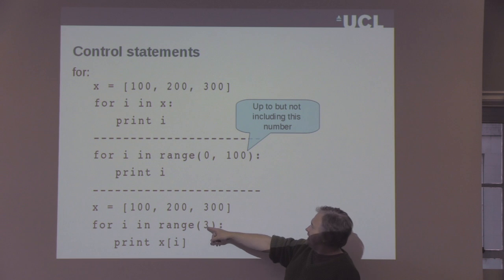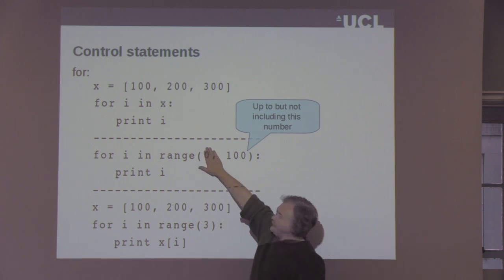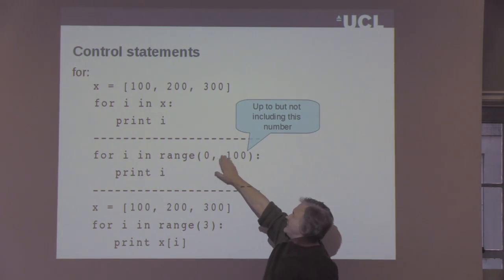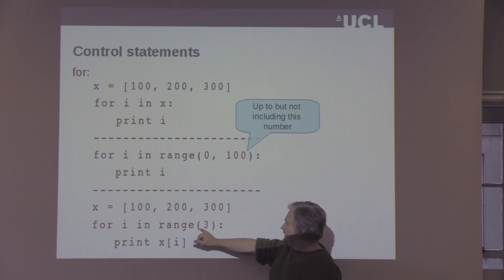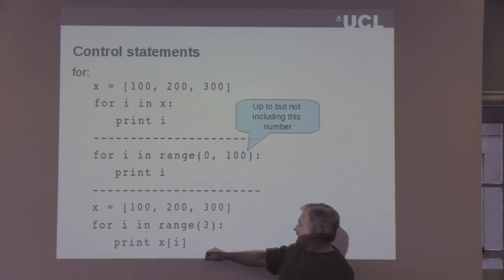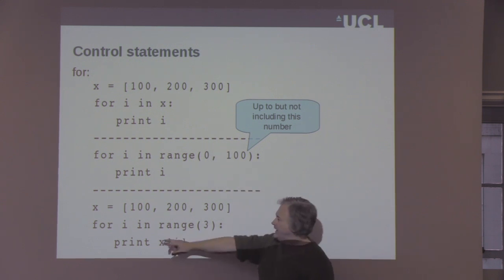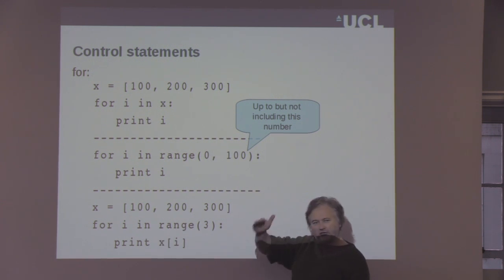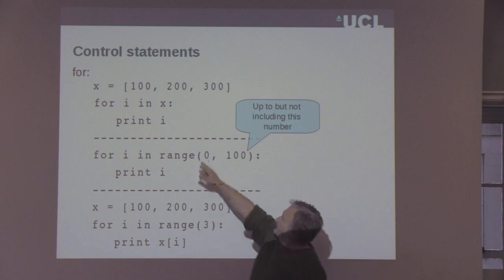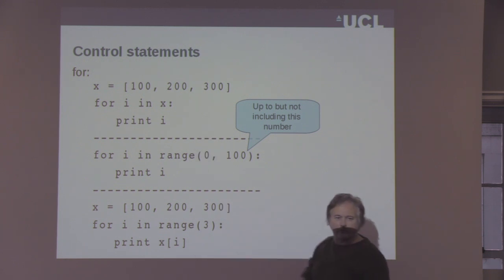So range 3, that's a default there. So if we just said range 100, that gives 0 to 99. This gives us 0 to 2. Print x[i]. So that has exactly the same result as that, but here i is stepping through those indexes of 0, 1, 2, rather than stepping directly through the data that are in the array.